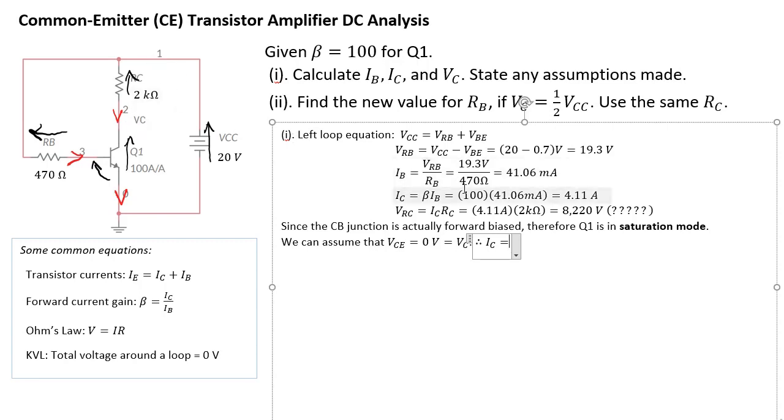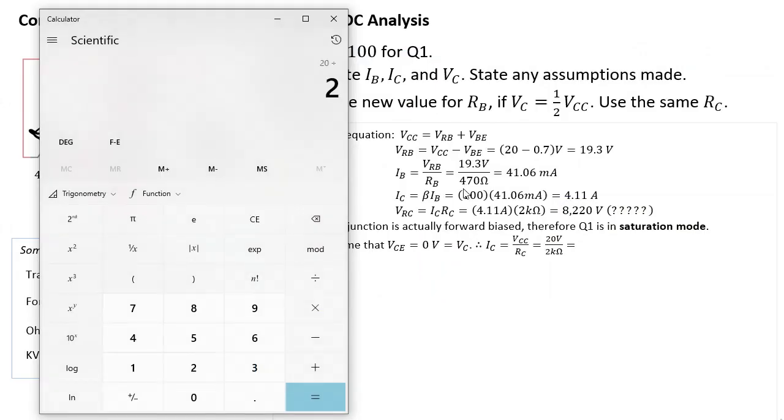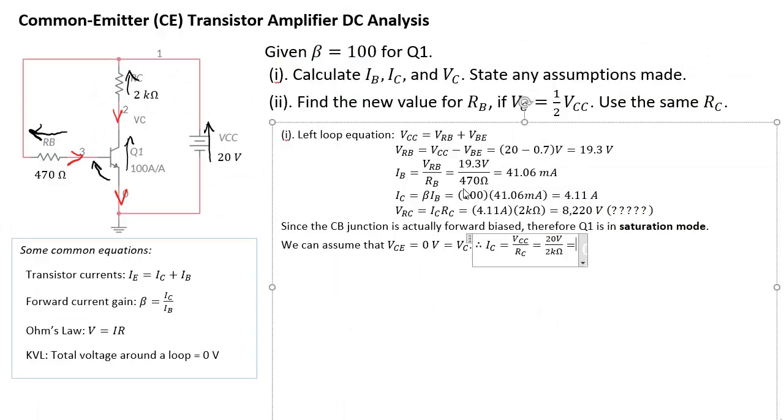So it's 20 minus 0, divided by RC. That's 20 volts divided by 2 kilo ohm. So 20 divided by 2,000 is 10 milliamps. All right, a lot more reasonable. Therefore IC is 10 milliamps.